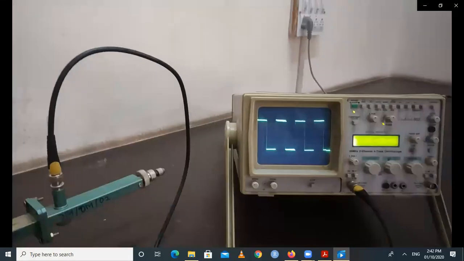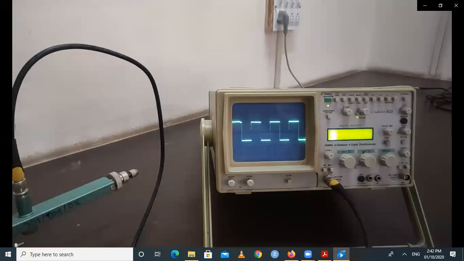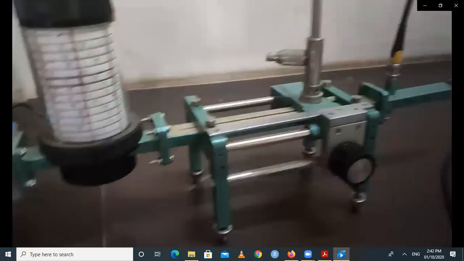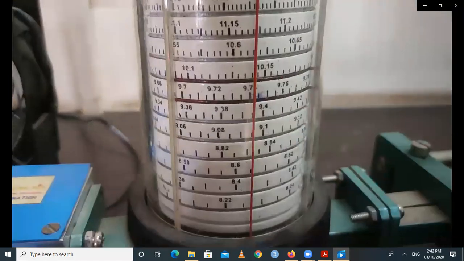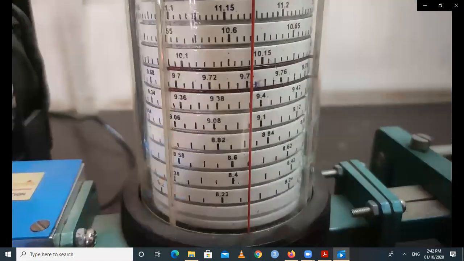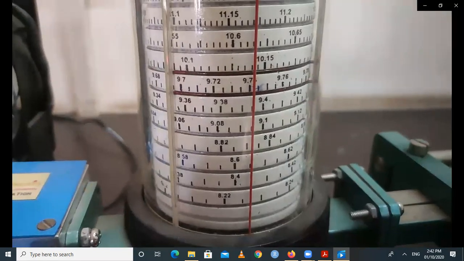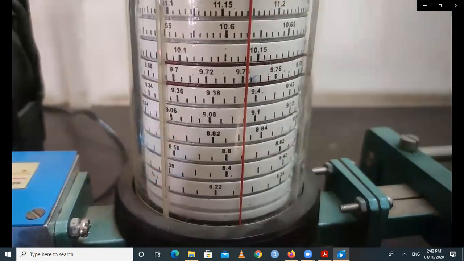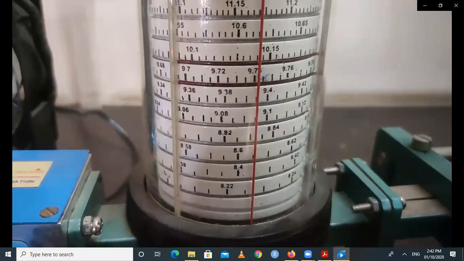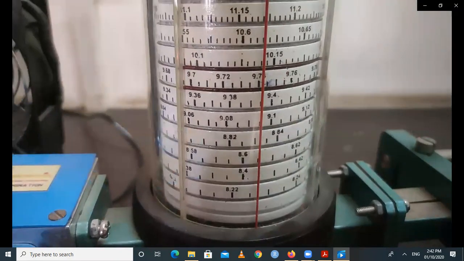At this particular frequency you are getting the fluctuation in waveform. So you have to measure this reading. Again it is less than the previous value. Previously it is 9.76, and here it is nearly equal to 9.73 gigahertz.